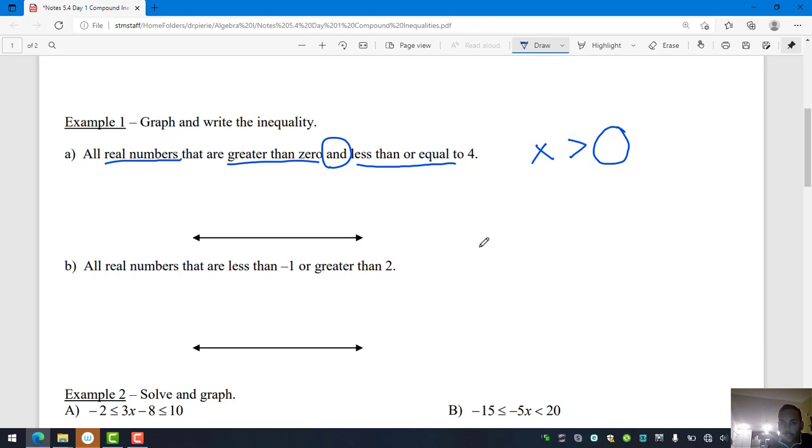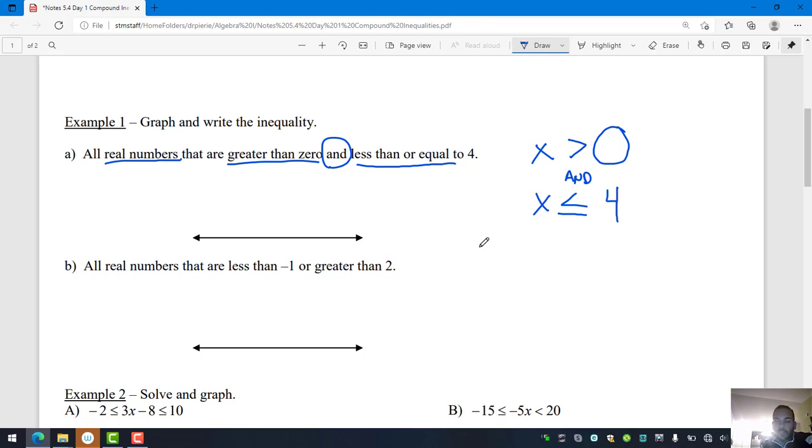So what does that look like? I'll always start with x. And less than or equal to means my alligator is going to open up to the right. Less than or equal to means I've got to have a line underneath. And it'll be x less than or equal to 4. So in this statement, I need both things to be true. I need the first and I need the second.